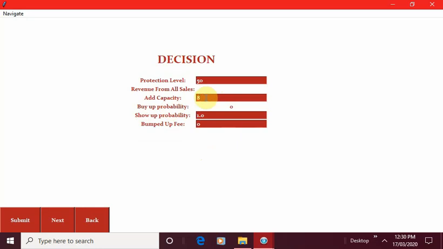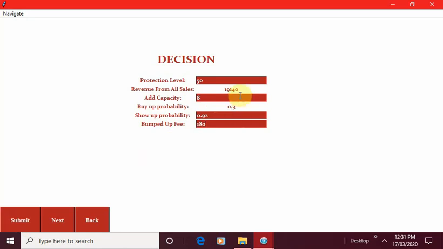As the low fare demand is more, we'll add the capacity of 8, which was done on 1st of April, and then 0.92 was the show up probability of the high fare passengers, and the bumped up fee per passenger was 180. Now let's submit.